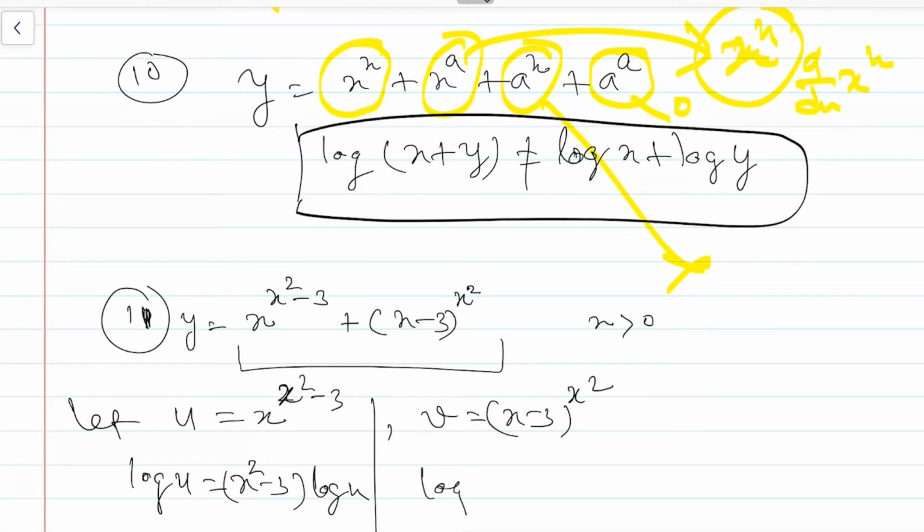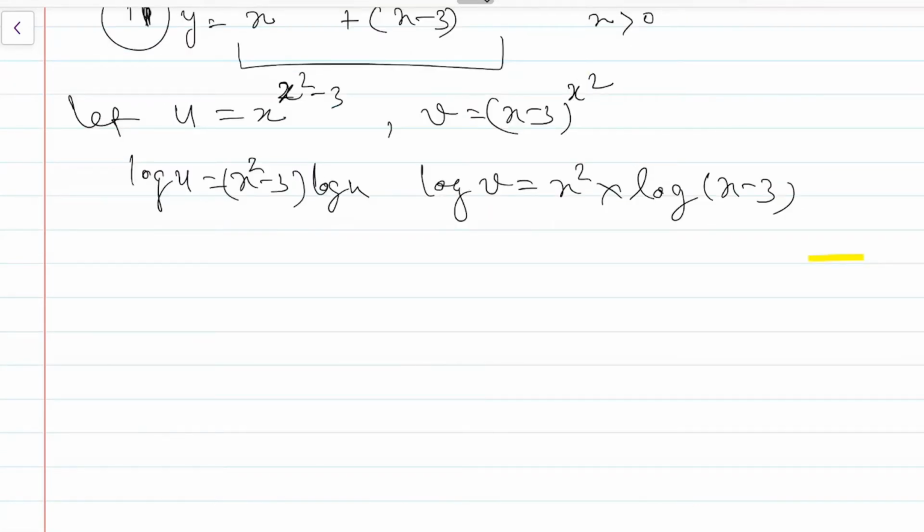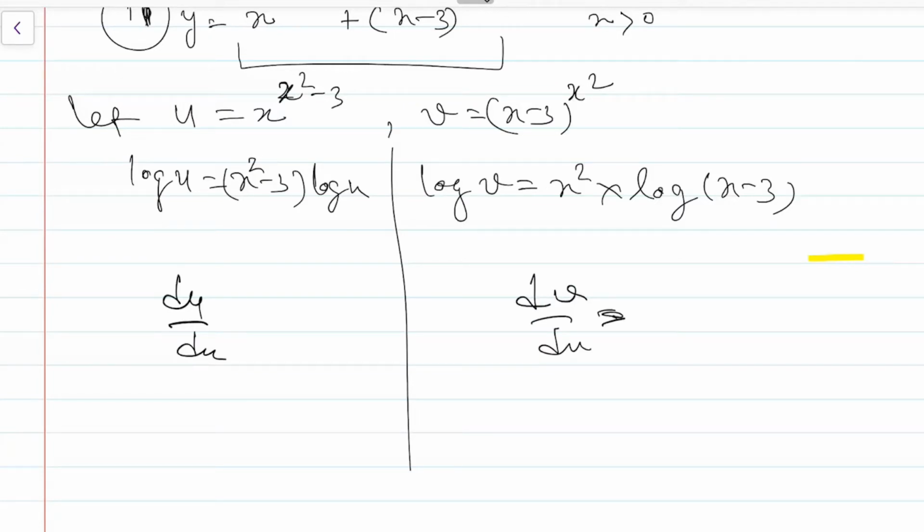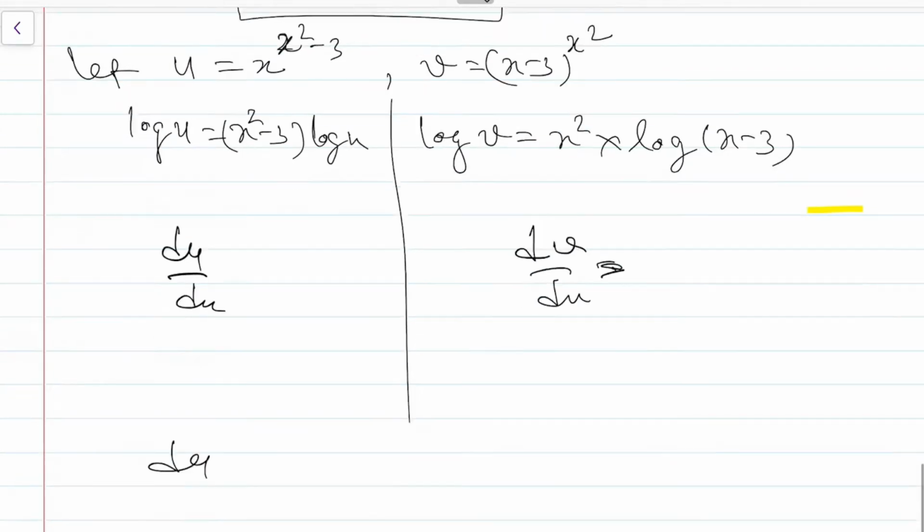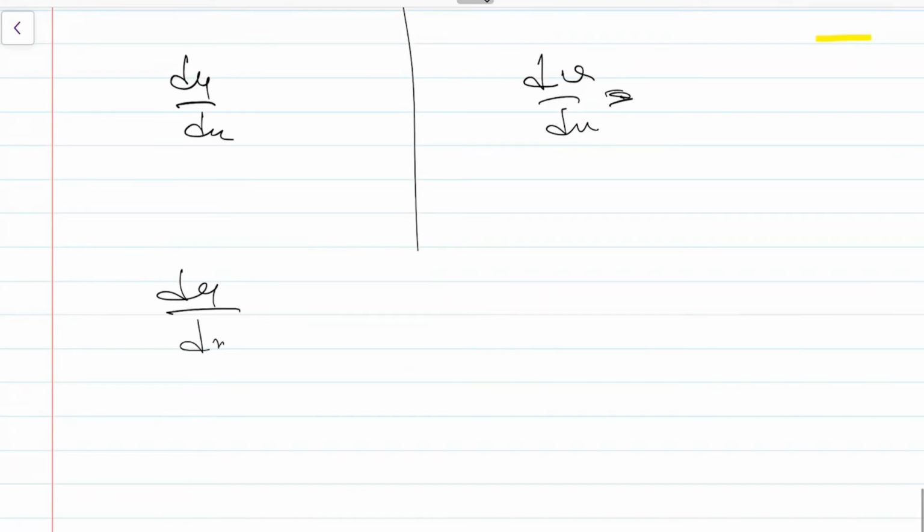Same way here, log v is equal to x square into log of x minus 3. Then using the product rule and chain rule, we can find du over dx from this side and dv over dx from that side. Finally dy over dx will be du over dx plus dv over dx. This will be our answer.